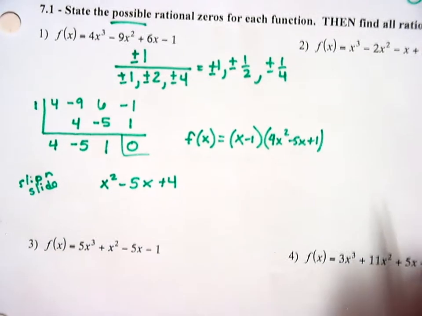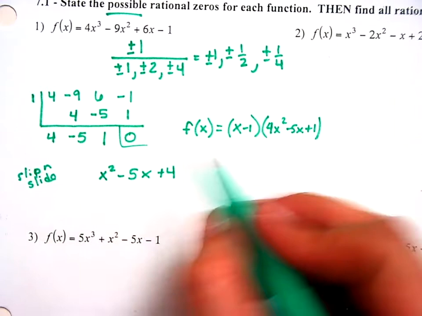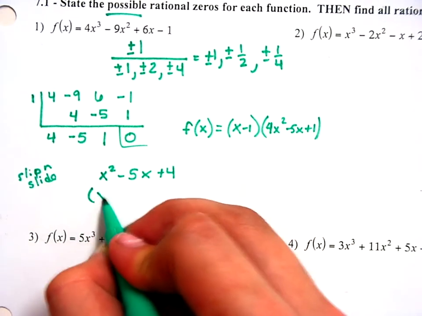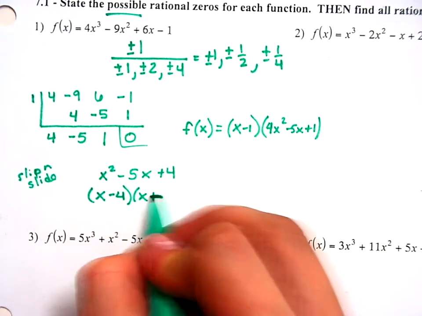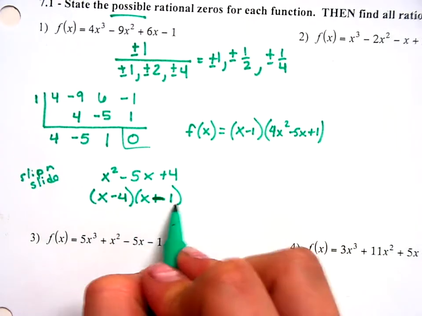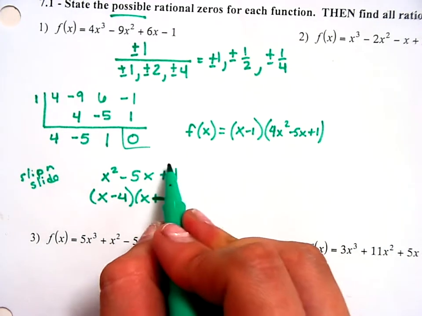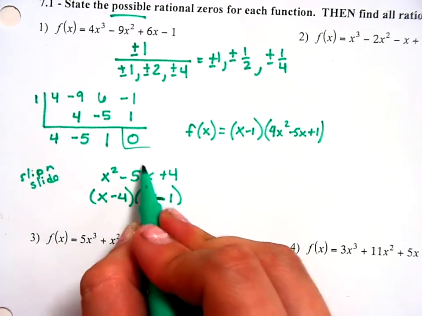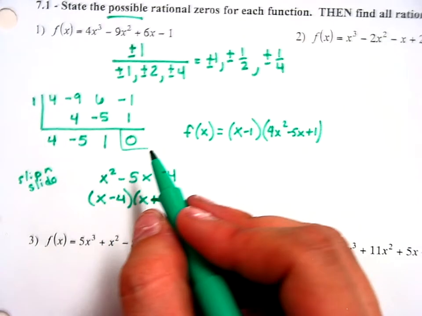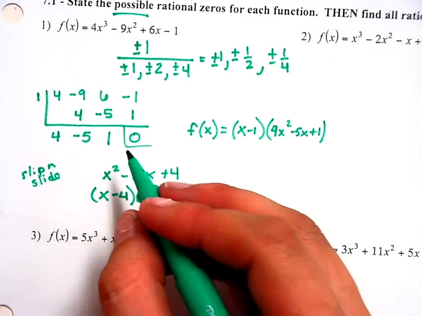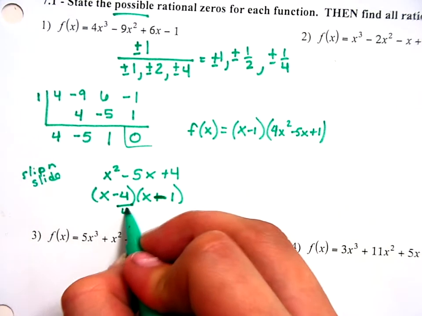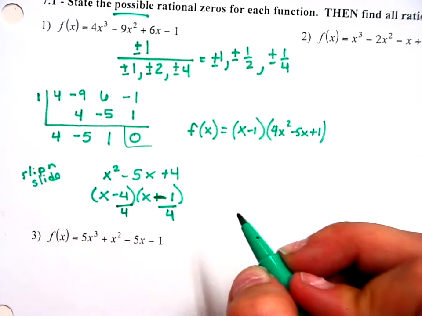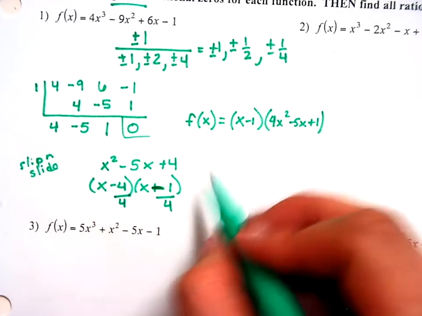And hey, guess what? I can factor this as x minus 4 and x minus 1. 4 and 1 give me 4 if I multiply, and -4 and -1 give me -5 if I add them. Okay, but last step, since I'm doing slip and slide, I multiplied by 4, so now I need to divide by 4.